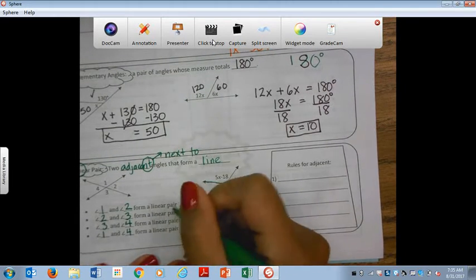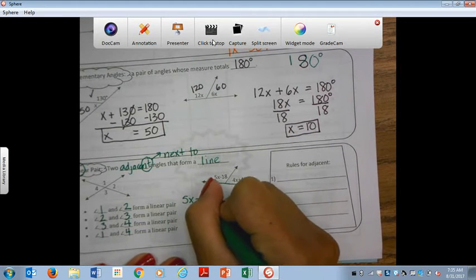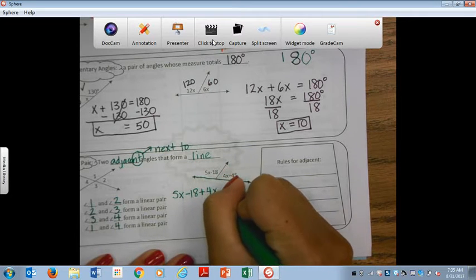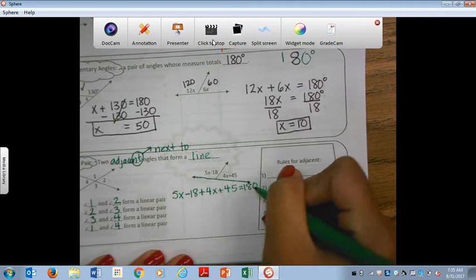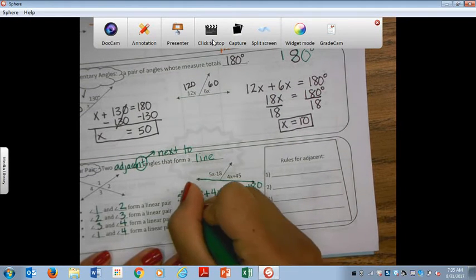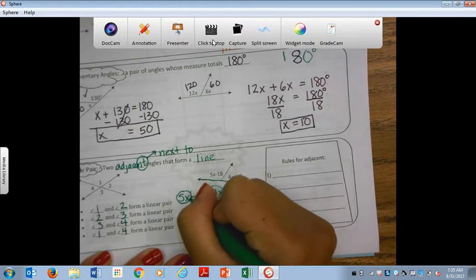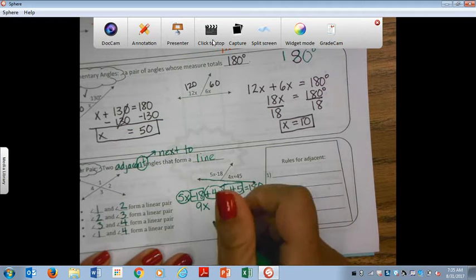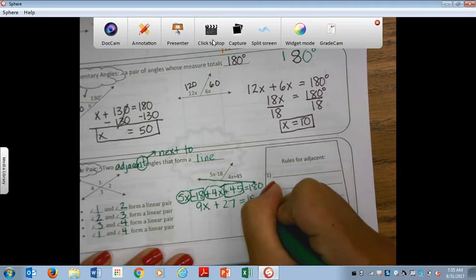So, just like supplementary, we set it up 5x minus 18 plus 4x plus 45 equals 180. We're going to combine like terms and we're going to get 9x plus 27 equals 180.